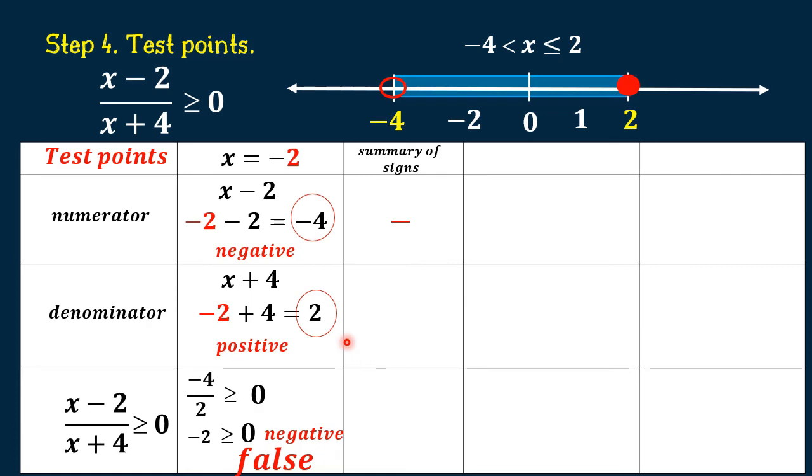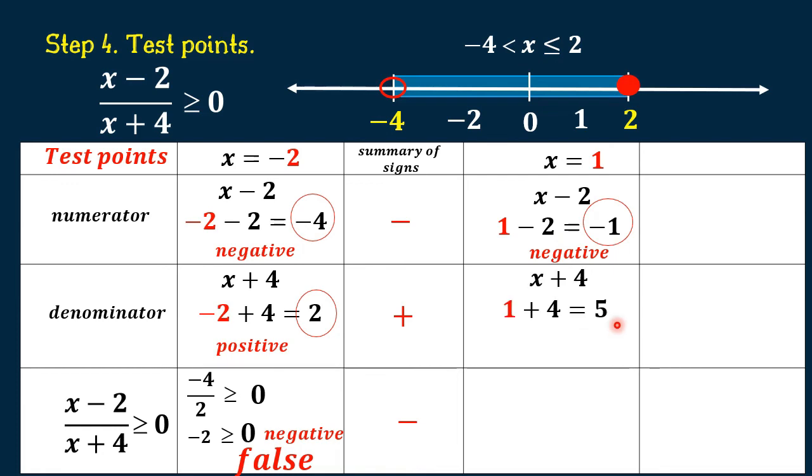So we have here the summary of signs. Numerator is negative, denominator is positive, and your quotient is negative. Why quotient? Because you divide numerator and denominator. So we will also try +1. Plug in +1 to your numerator. Your numerator is -1. 1 minus 2 is -1. The result is negative.